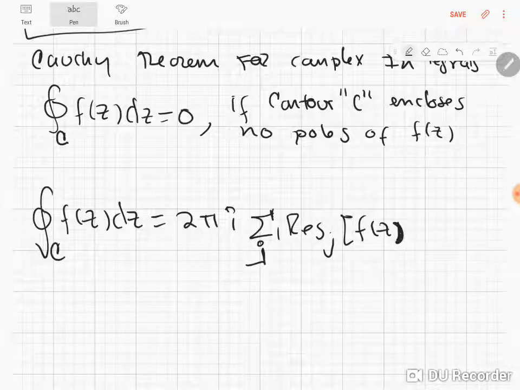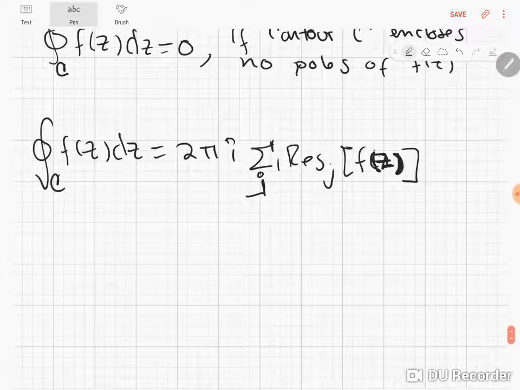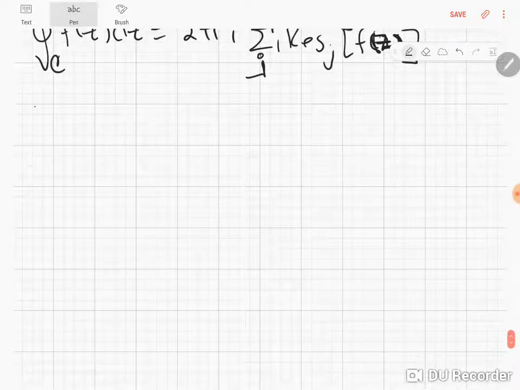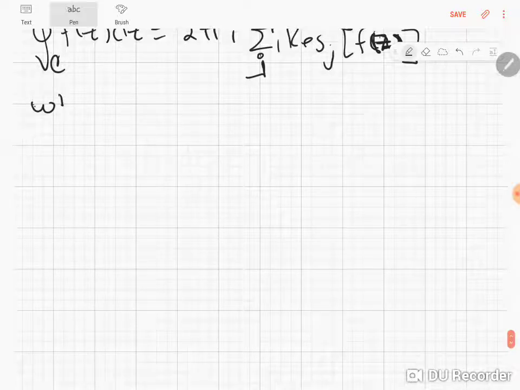That's what we're going to use to evaluate things. We're going to broadly use this theorem. And then we have to choose a contour in such a way that omega prime is positive and tends to infinity. This is important now.